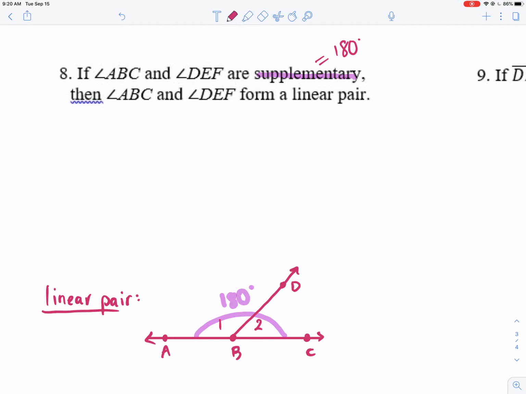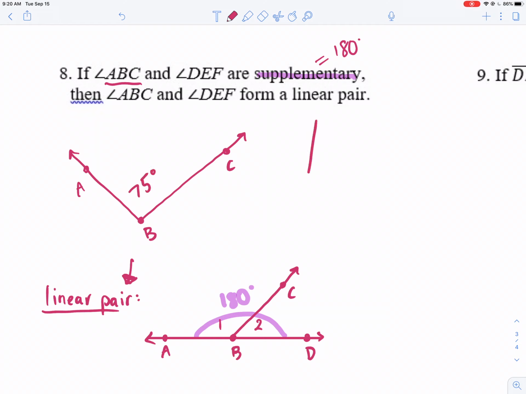Okay, so angle ABC, so let me label it actually, so where it matches our letters. ABC and angle, oh, it's not going to work either way. Angle ABC. So if I have angle ABC and DEF, just because I say they're supplementary does not necessarily mean they're a linear pair. So if you remember from our definitions, I could say that I have angle A, B, C, and it could be 75 degrees.